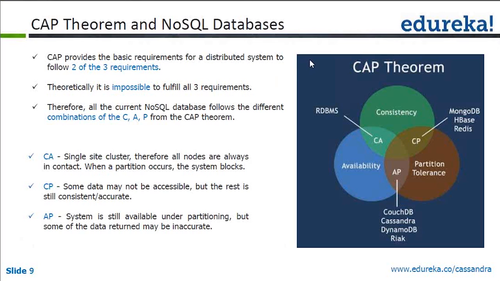All right, let's move on to the next slide now. So among the three properties that we have seen from the CAP theorem, these are all the databases and where they would fit in. If you see the RDBMS, it mainly considers the consistency and availability part, all right. And similarly, these are some of the NoSQL databases, MongoDB, HBase, and Redis.